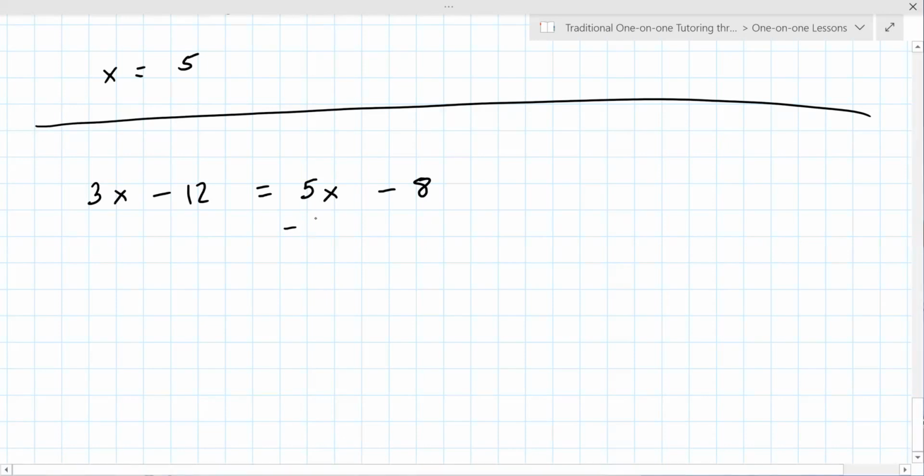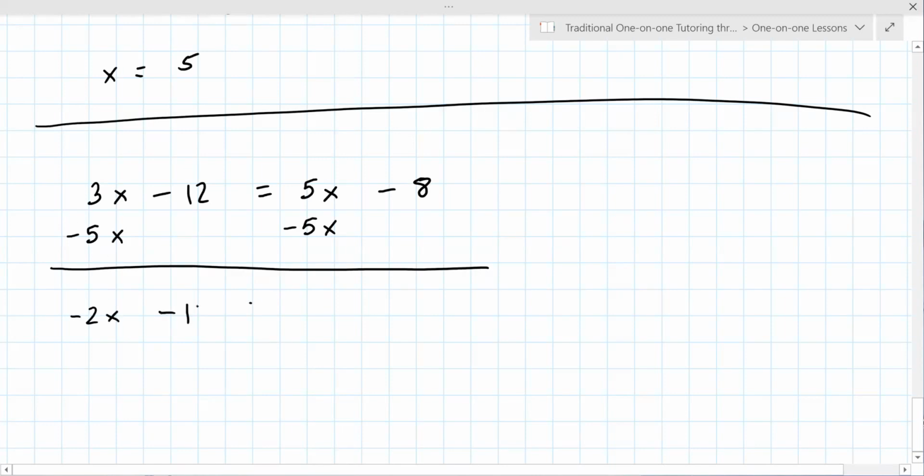Okay, so do you see that you need to subtract 5x from both sides? All I did was add a number here. So you're going to get minus 2x minus 12, because this number just comes down, equals minus 8.